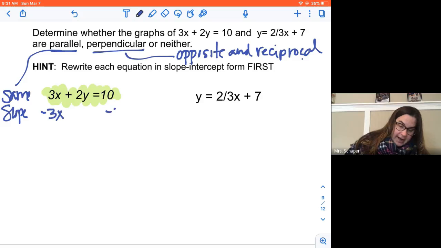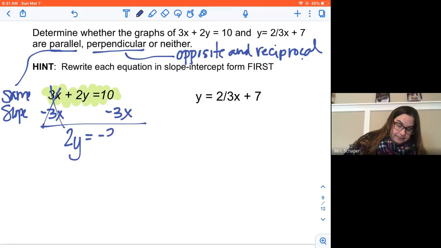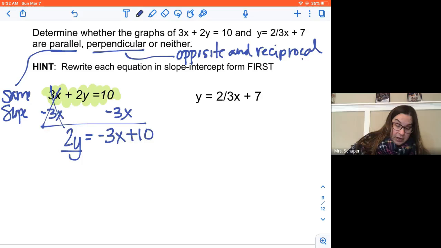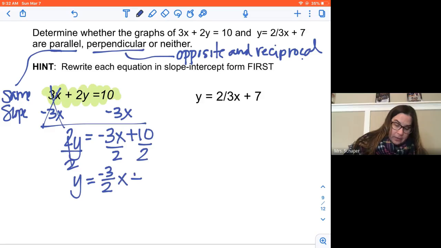I'm going to subtract 3x from both sides because my goal is to get y all alone. And whatever I do to one side, I need to do to the other. And now we're going to divide everything by 2. So y equals negative 3/2 x plus 5.